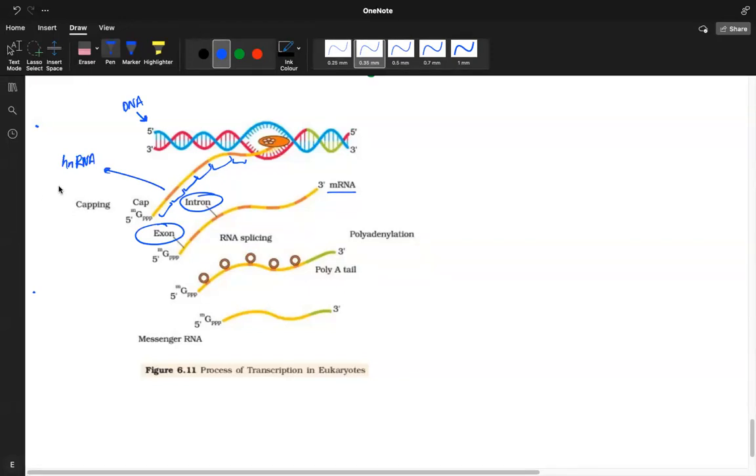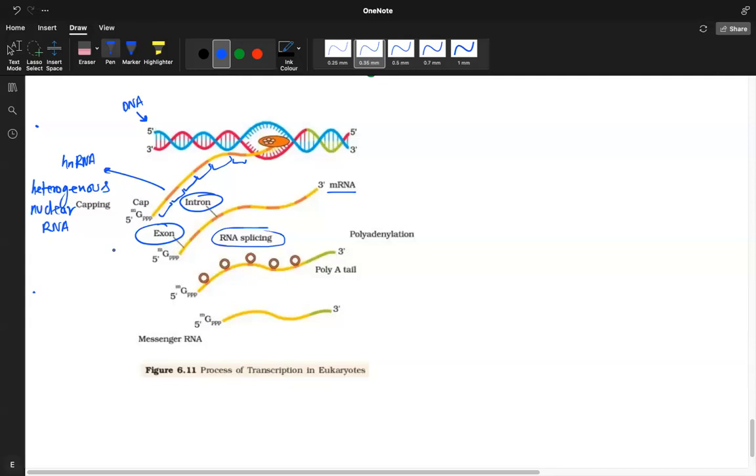It's called heterogeneous nuclear RNA, because at this moment it is in the nucleus only. And it's called heterogeneous because there are two different kinds of sequences present. hnRNA, heterogeneous nuclear RNA. It has exons and it has introns. Removing of introns is called RNA splicing.